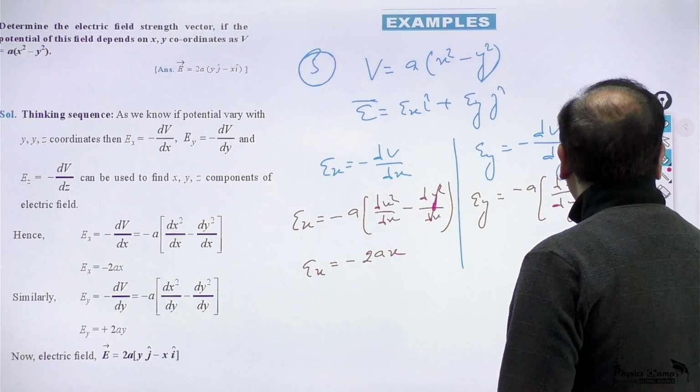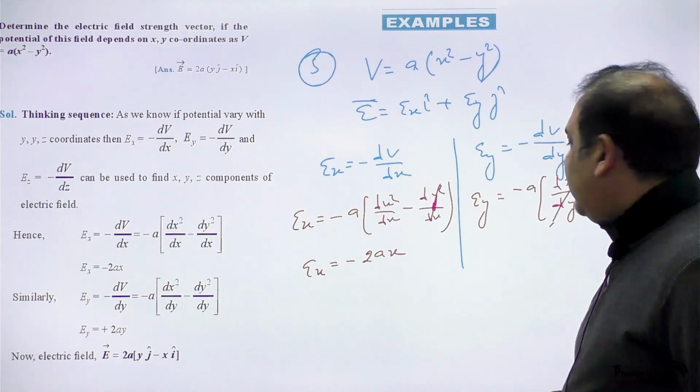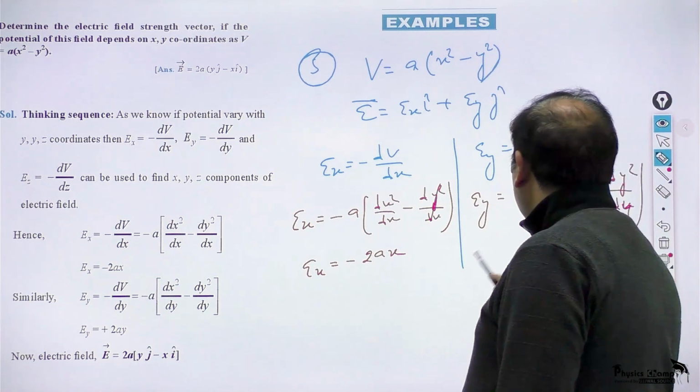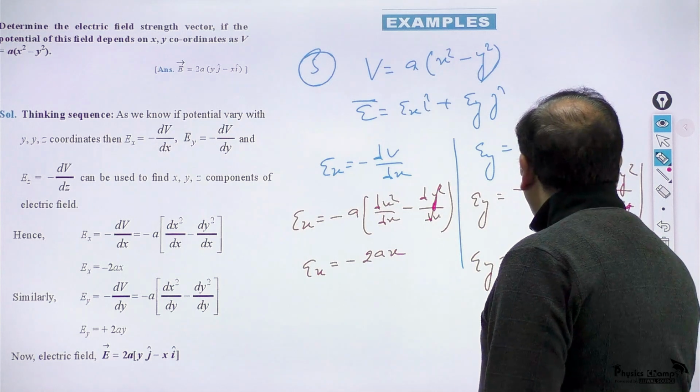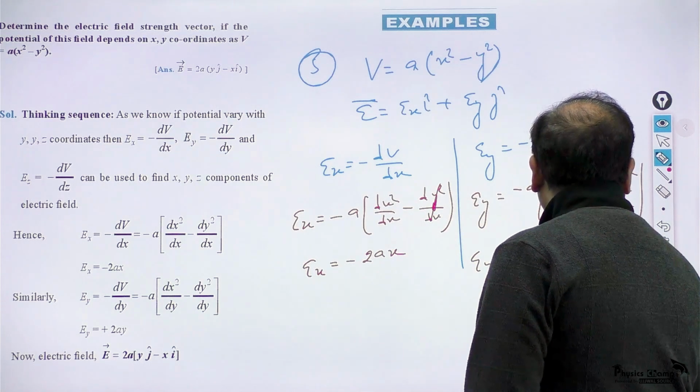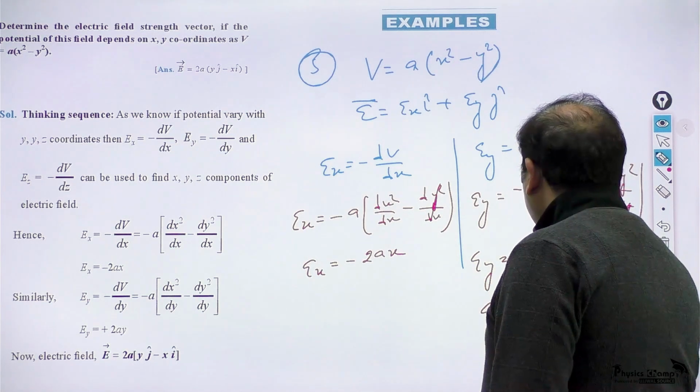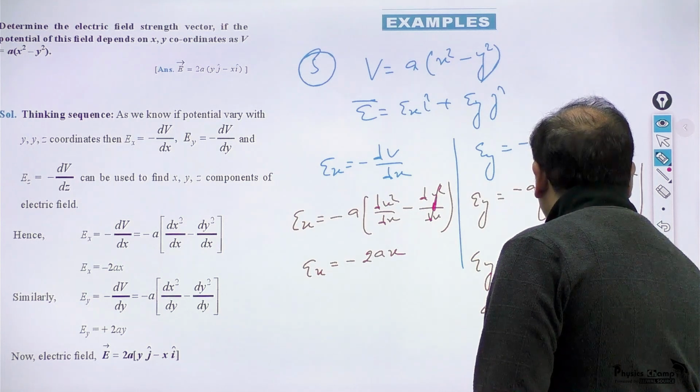Now there is no variation in x square with y. dx square by dy will be 0. So Ey will be what? Minus a into minus 2y. So Ey comes out to be plus 2ay.